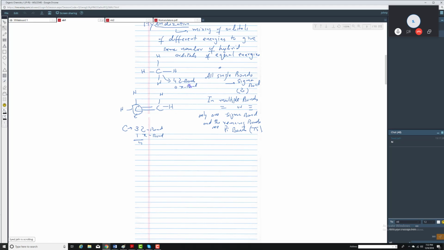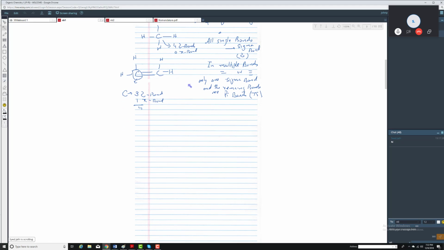What about this one? Triple bond. This one makes 1 sigma and 2 pi bonds. And this carbon has 2 sigma bonds and 2 pi bonds.